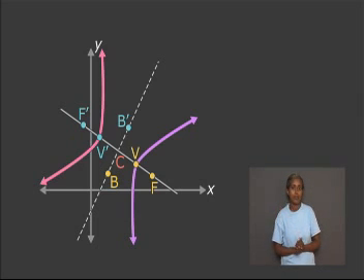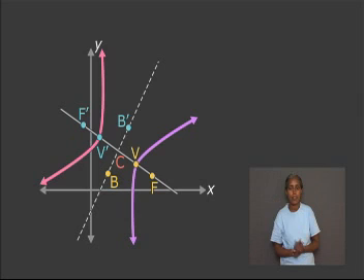A line segment perpendicular to the transverse axis at the center is called the conjugate axis. The endpoints of the conjugate axis are co-vertices B and B prime.